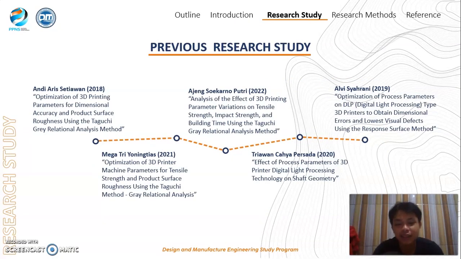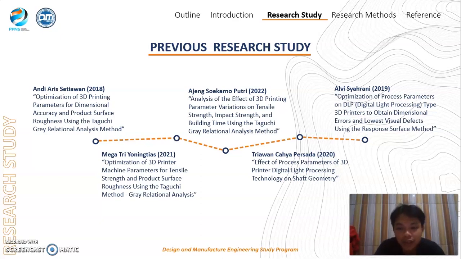And this is the previous research study as a reference in this study. The first we got from Andi Adisetiawan with the title Optimization of 3D printing parameters for dimensional accuracy and product surface roughness using the Taguchi gray relational analysis method.